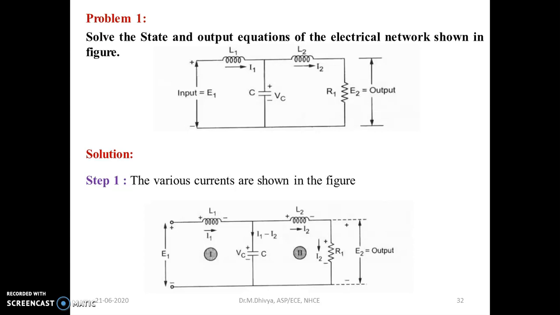There are two meshes in the circuit. The current in the first mesh is I1 and the current in the second mesh is I2. This is the first mesh and this is the second mesh.